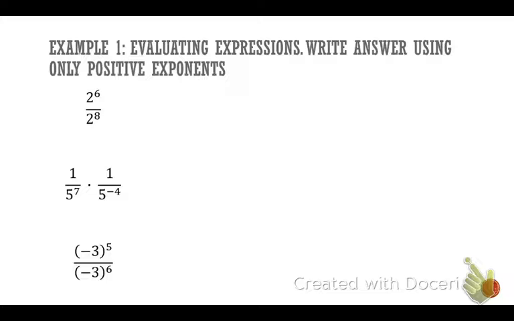Okay, but now you got to be careful with quotient of powers. You got to be careful here because you are subtracting the numerator minus the denominator. So step 2 is important. 2 to the power of 6 minus 8. Remember, when you do this, you're bringing all of your powers into the numerator.